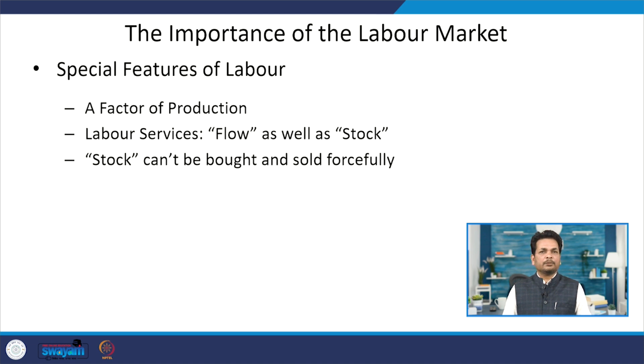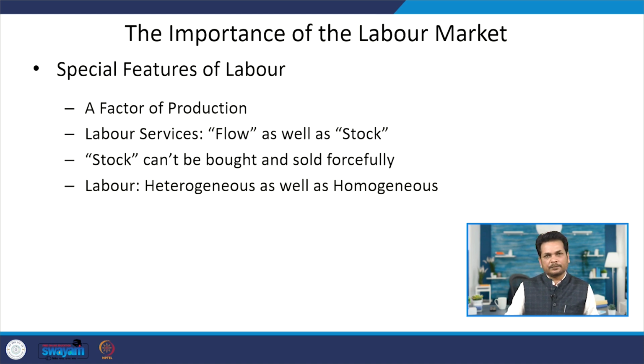So, labor is a stock as well as a flow. Further, this stock cannot be bought and sold forcefully. So, bonded labor is no more there. You cannot forcefully get someone to work. Labor has another special feature. They are homogeneous as well as heterogeneous. When a batch of mechanical engineering graduates graduate, they are all homogeneous.